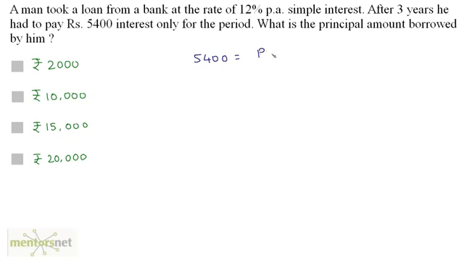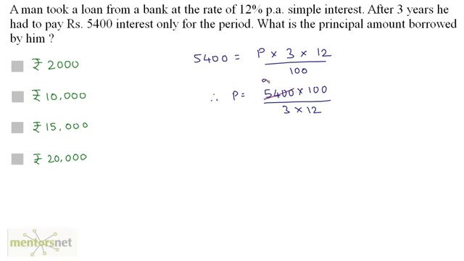Let that be P times the number of years, or the time period, 3 years, times the rate given, 12% per annum, so times 12 by 100. So therefore P is equal to 5,400 times 100 divided by 3 times 12.